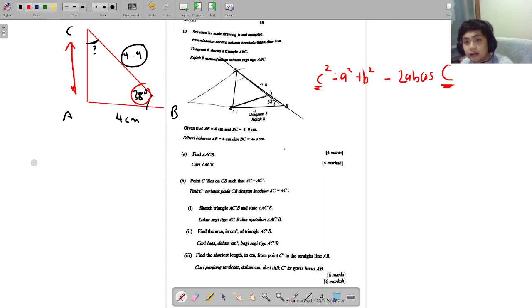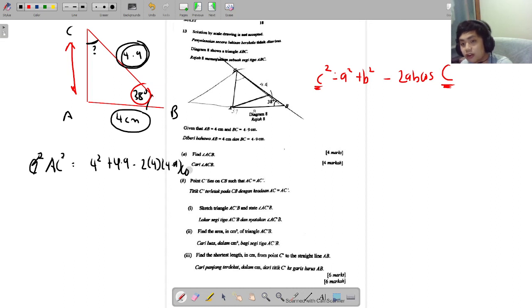So AC squared equals AB squared, which is 4 squared, plus CB squared, which is 4.9 squared, minus 2 times 4 times 4.9 times cos of the angle, 38.